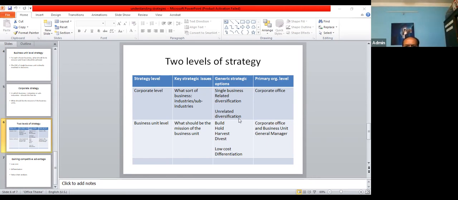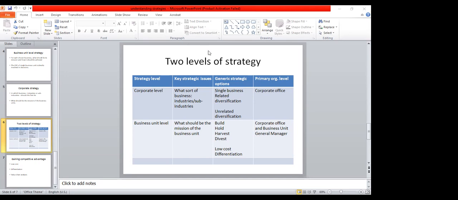Unrelated diversification, what is it? Tata is into the IT sector, that is information technology, with the company named TCS. Tata is also into automobiles. So automobile and IT company is known as unrelated diversification. There is no connection between automobile and IT company. Are you getting my example? Yes, sir.